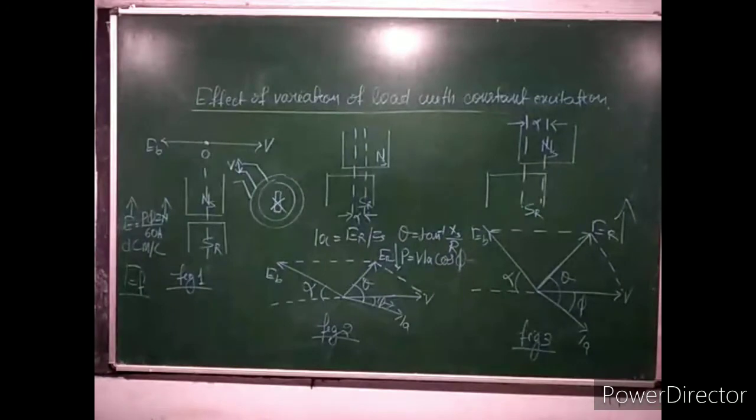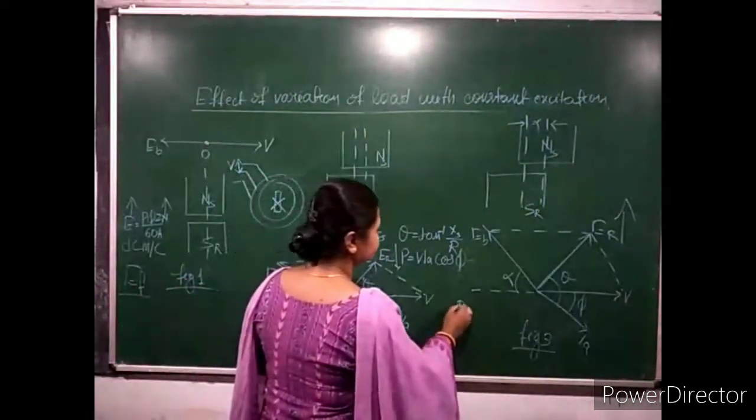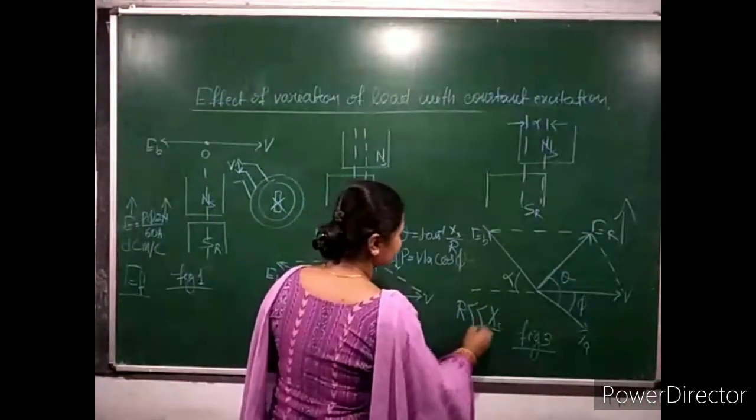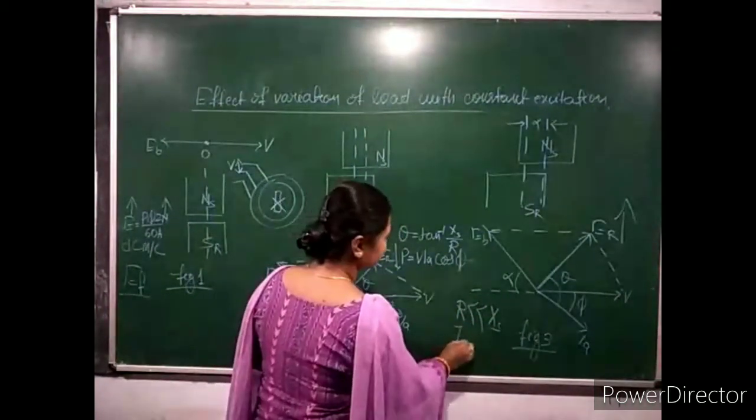So the ER value increases, so more current is drawn from the supply, this current. More current, because at that time the resistance is very small compared to the synchronous reactance. So what is the current equation?